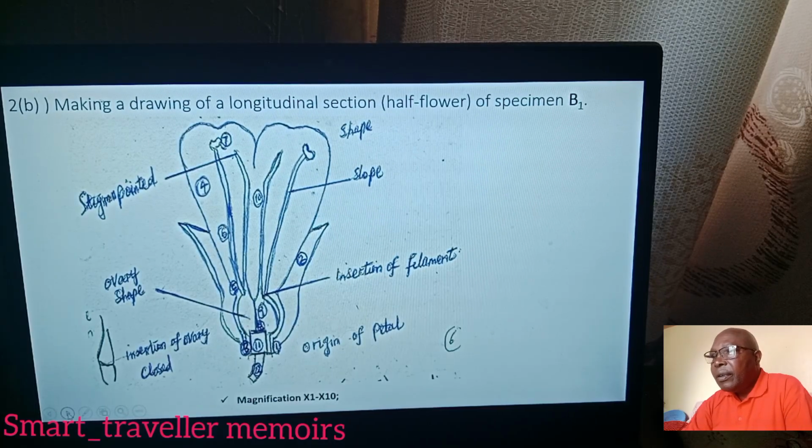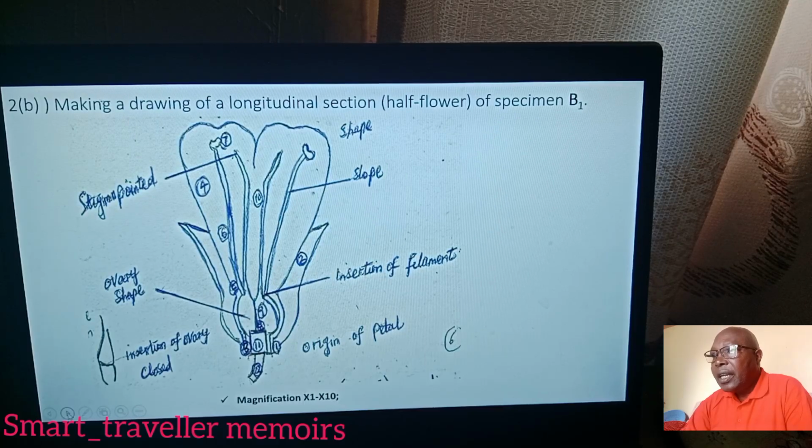We can see 1 there, we have 2 here, we have 3, we have 4, we have 5, 6, 7, 8, 9, 10, we have 11 marks.